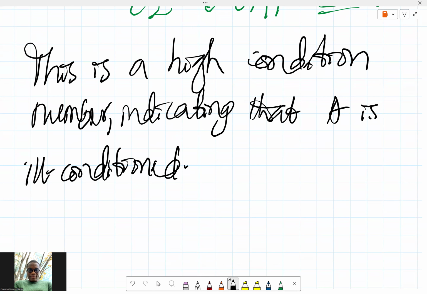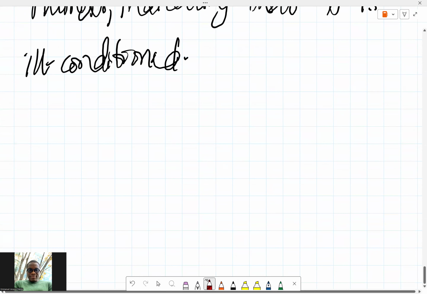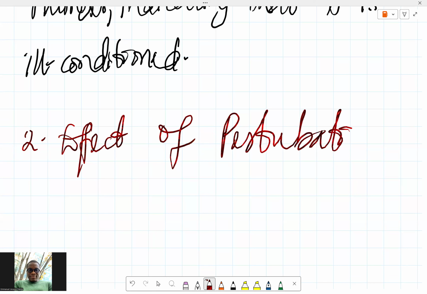Okay, so let's look at some effects of perturbations on this situation. That's step 2 now, effect of perturbations. So we have computed the condition number and it's really high.